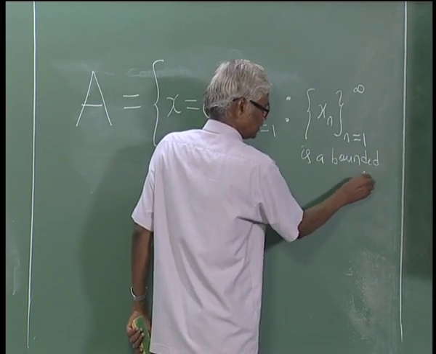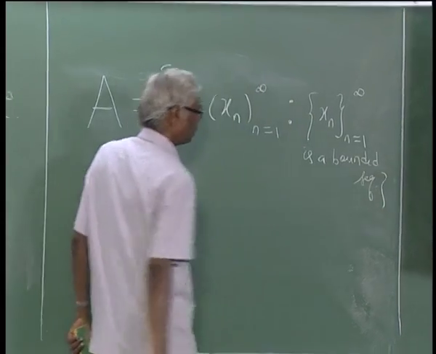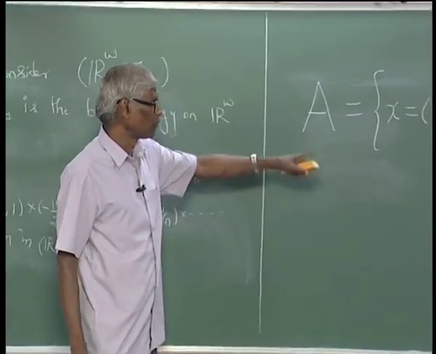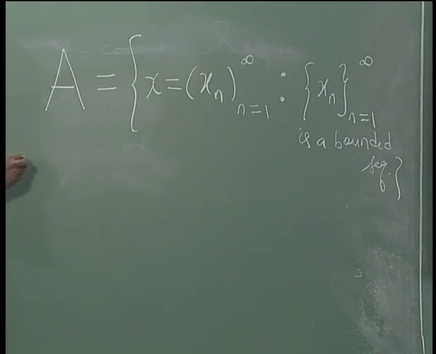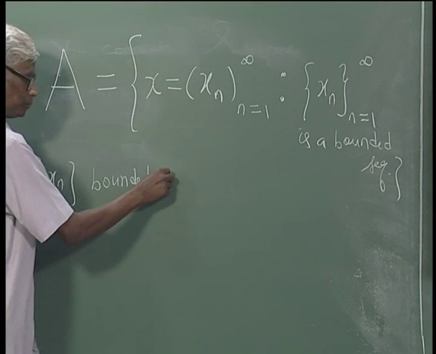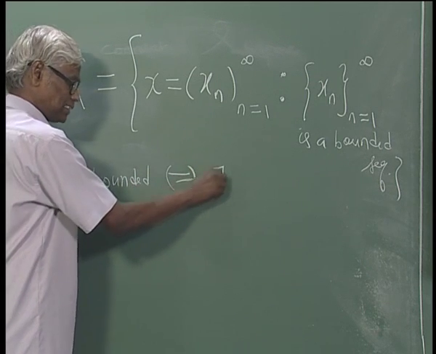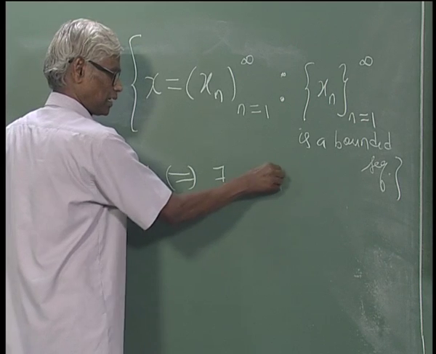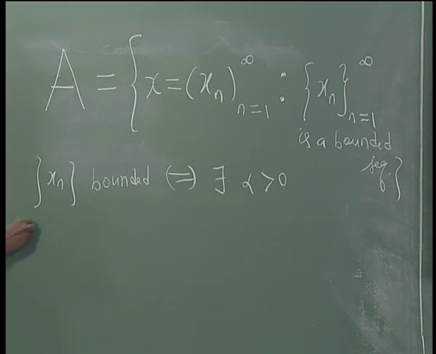We know that a sequence of real numbers x_n is bounded if and only if there exists some α greater than 0 such that |x_n| is less than α for all n.